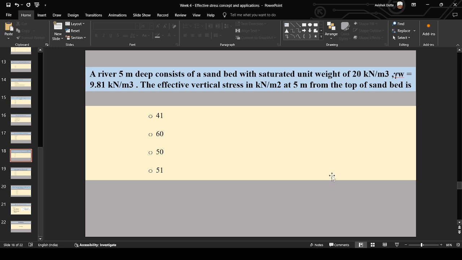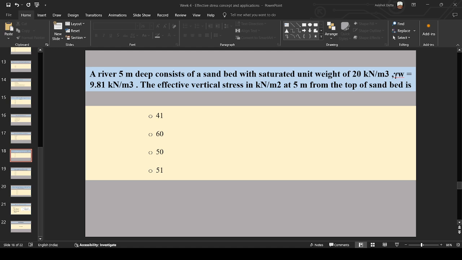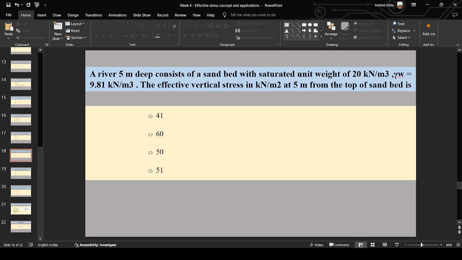I'll repeat the question once. A river 5 meter deep consists of sand bed with saturated unit weight of 20 kilonewton per meter cube. Gamma W, that is unit weight of water, is 9.81 kilonewton per meter cube.